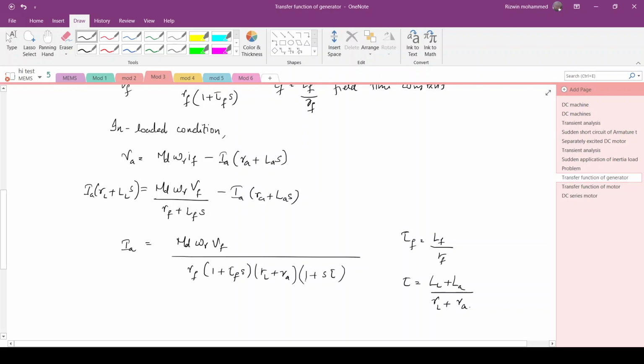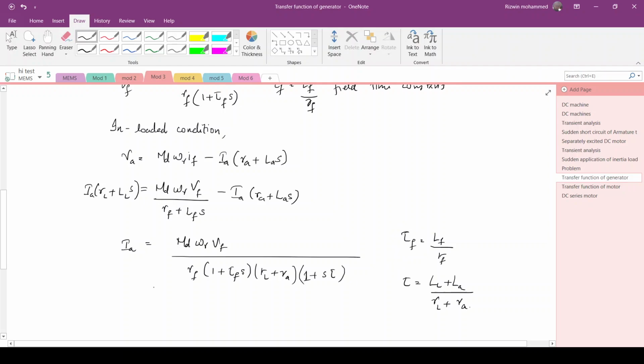So you will get (1 plus s tau), where tau is equal to (LL plus LA), the load self inductance and armature self inductance, divided by (RL plus RA). That is the time constant of the load and armature together, along with the field time constant tau f.